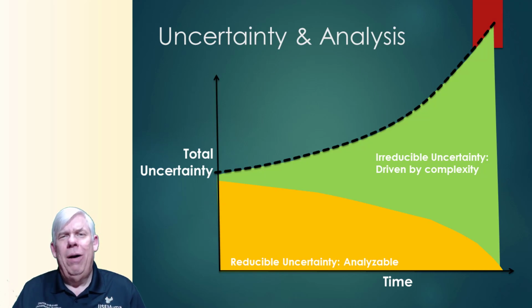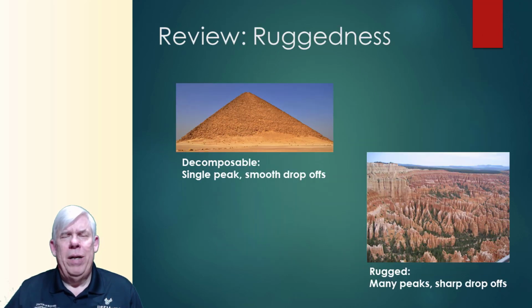And no amount of analysis is going to reduce that uncertainty. This has some important implications for decision making, which we'll talk about when we look at individual decision making in the 4th lecture.